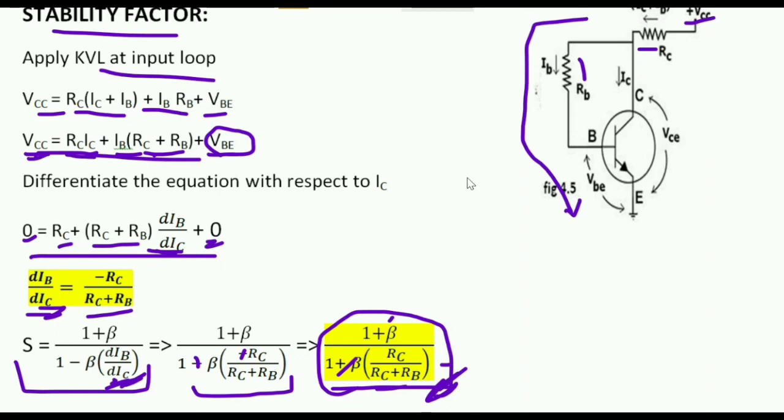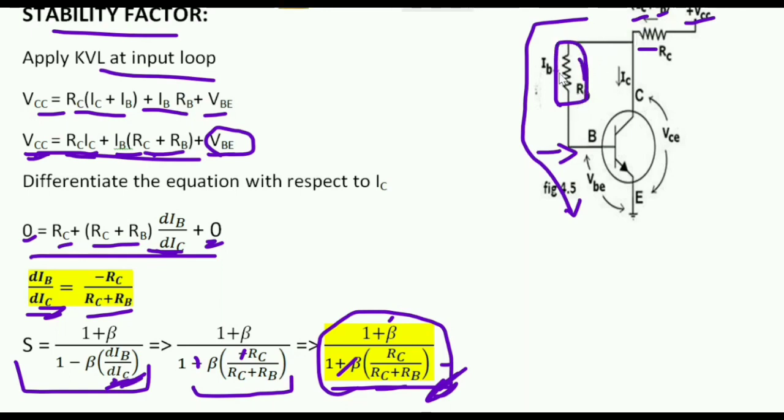These are the advantages, and coming to the disadvantages. The disadvantage is mainly because of RB. If you apply any input at the base, this RB value will not only provide DC feedback, that is, if the collector current increases, then the base current is going to decrease.